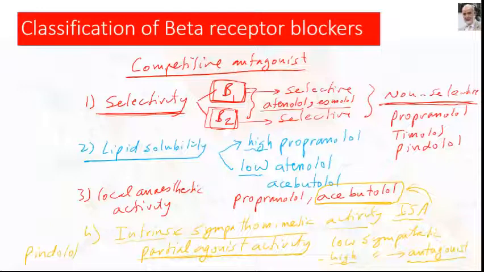The fifth difference is the first pass effect, or first pass metabolism, as we have explained before.